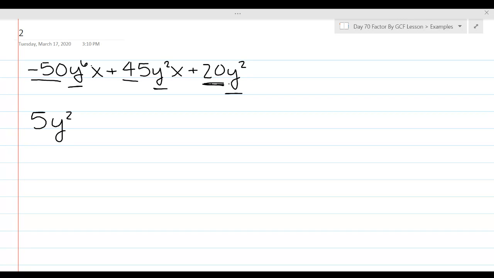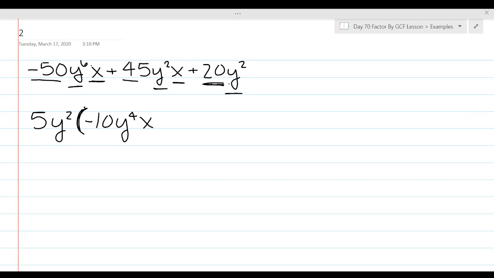Then we can look at our x's. So we only have x's on 2 of the terms. That means we can't take out any x's. So that should be all that's going to go outside of our parentheses. Now we're going to divide each term by 5y squared. So negative 50 y to the 6th x divided by 5y squared is going to be negative 10 y to the 4th x.